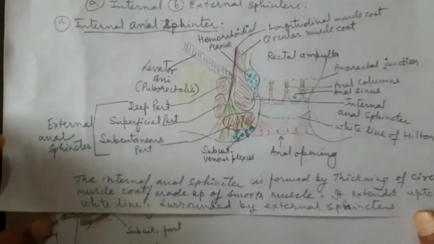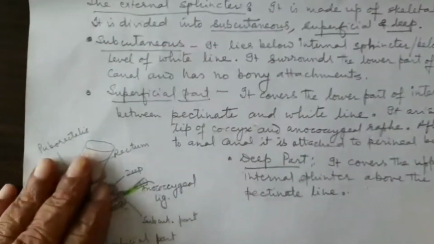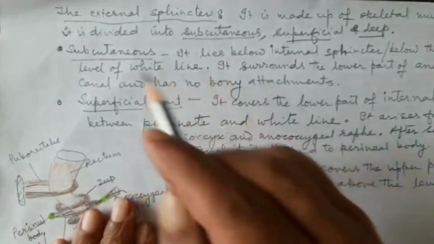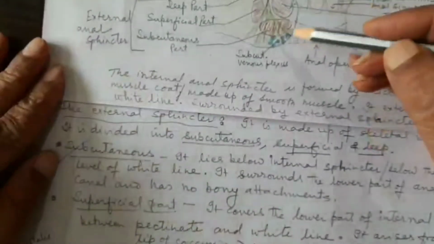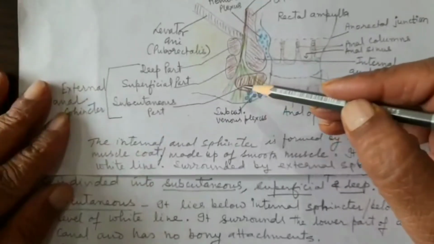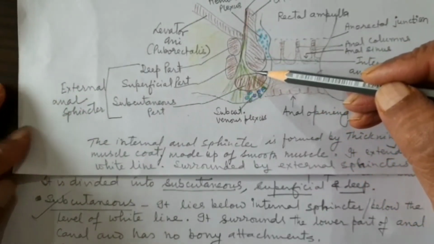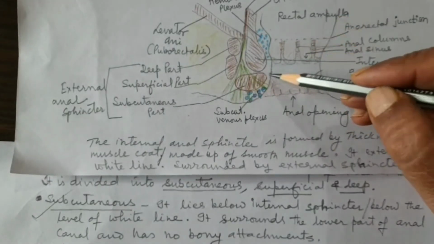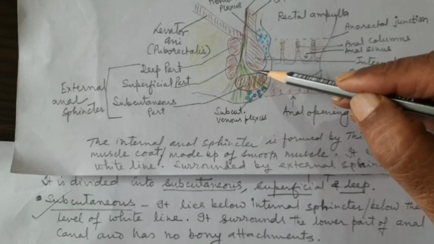Let us see the detail of this external anal sphincter. First we come to the subcutaneous part, and as I said, it lies below the internal anal sphincter and below the level of the white line. See, this was the white line where the internal sphincter was ending.